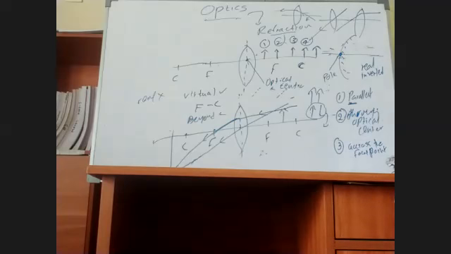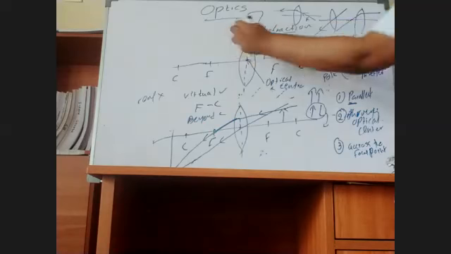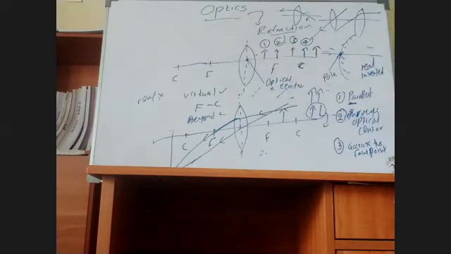Object is at infinity, then where will the image form? Okay. If the object is at infinity, we cannot draw it on the paper or on the board. That means we can't see where the object is.